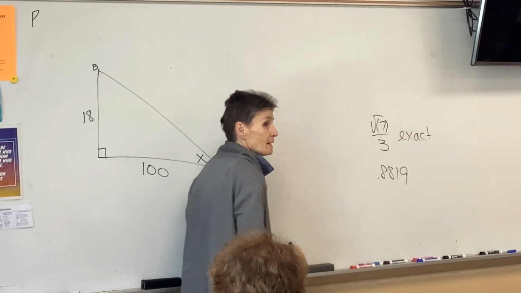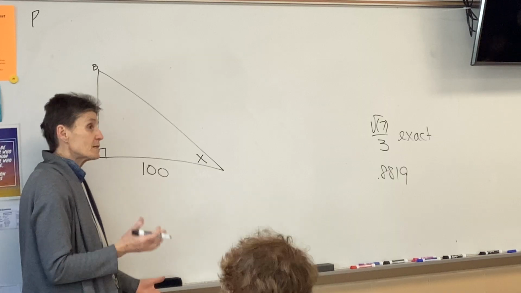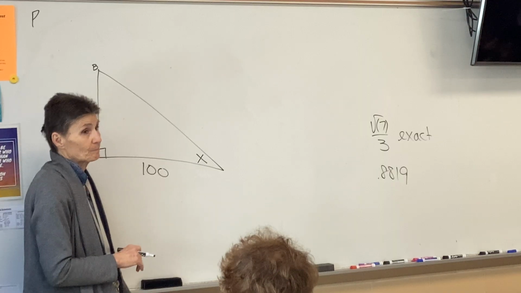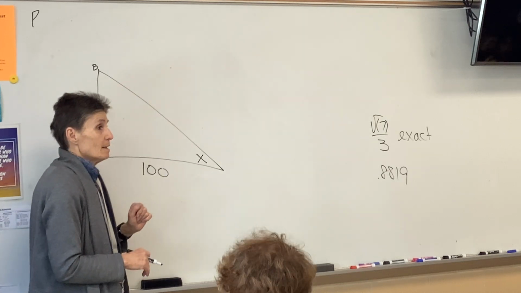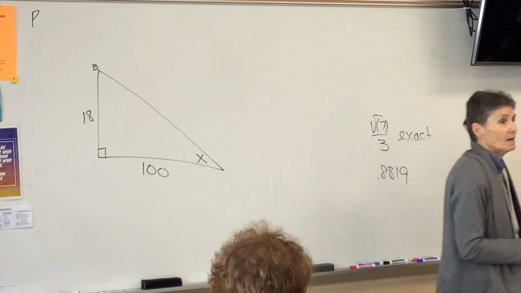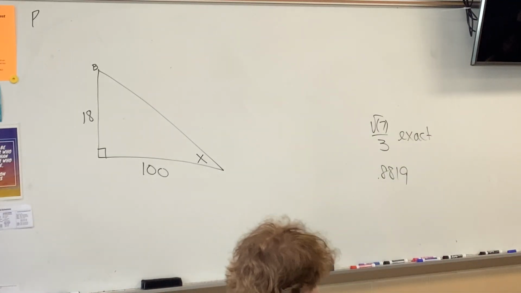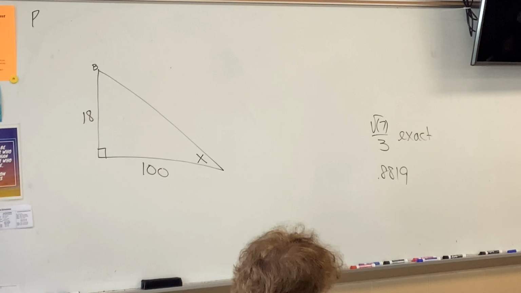I hear cosine and I hear tangent. Which is right? Tangent. How do I know it can't possibly be cosine? What's cosine? Adjacent over hypotenuse. Do I have hypotenuse labeled up there? Do I care about that?